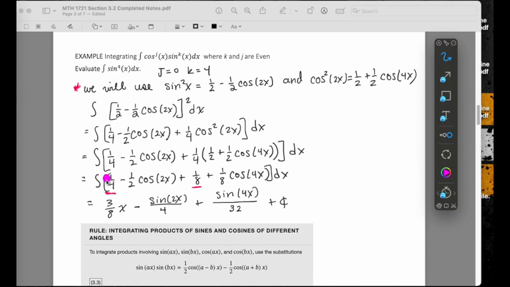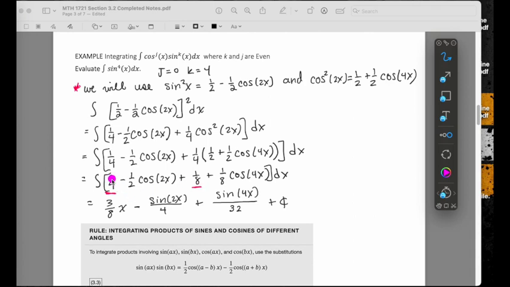So I'm going to get 1/4 x minus sine 2x over 4. The sine 2x over 4 is coming from this 1/2 and then dividing by the derivative of the inner function, which is 2. And then I get 1/8 x.